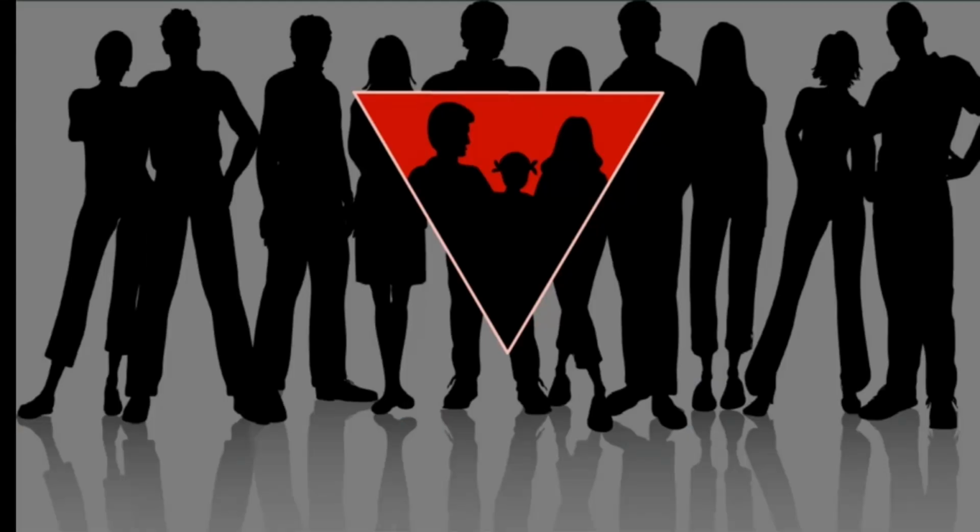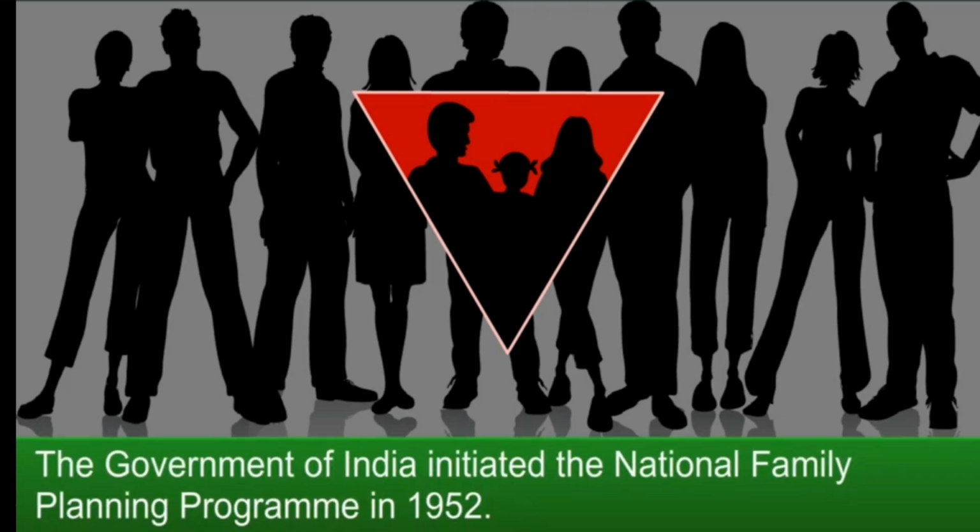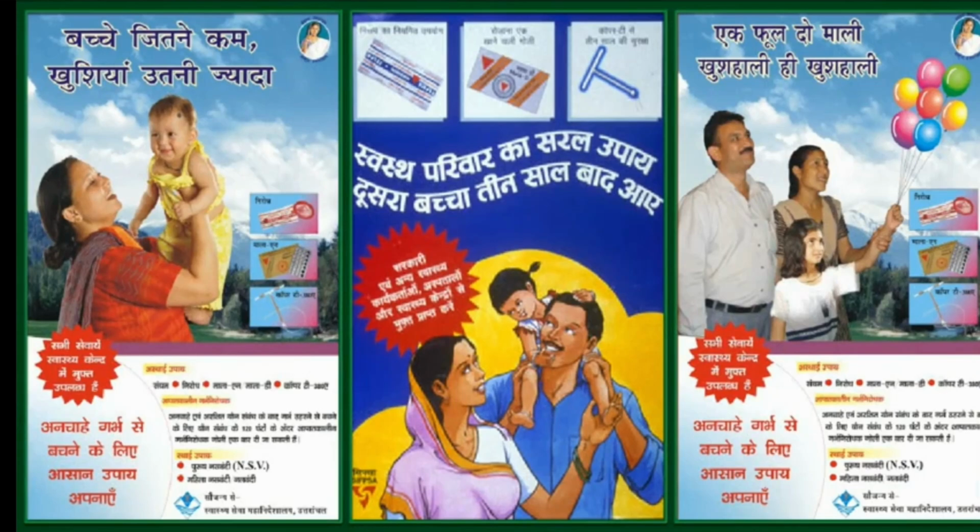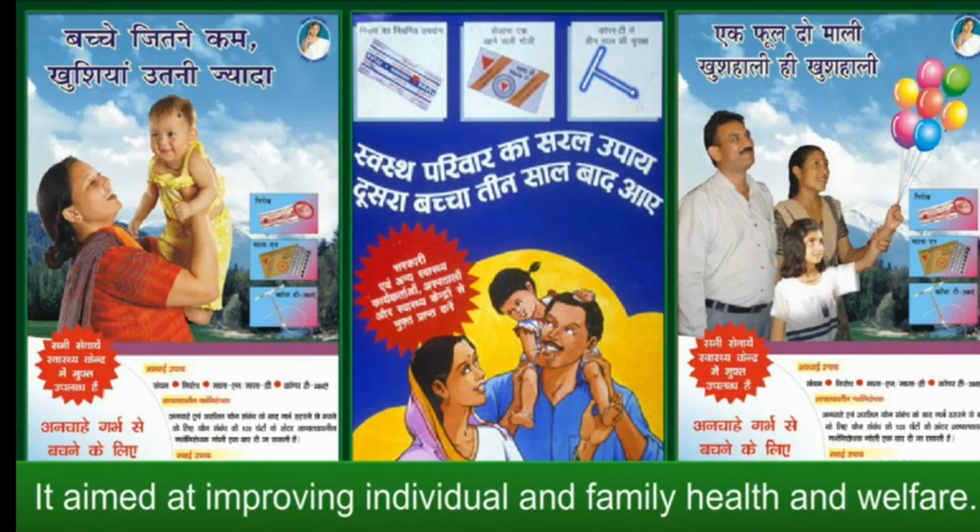To control and stabilize the growth of population, the Government of India initiated the National Family Planning Program in 1952. The program was based on the understanding that the planning of families would improve individual health and welfare.